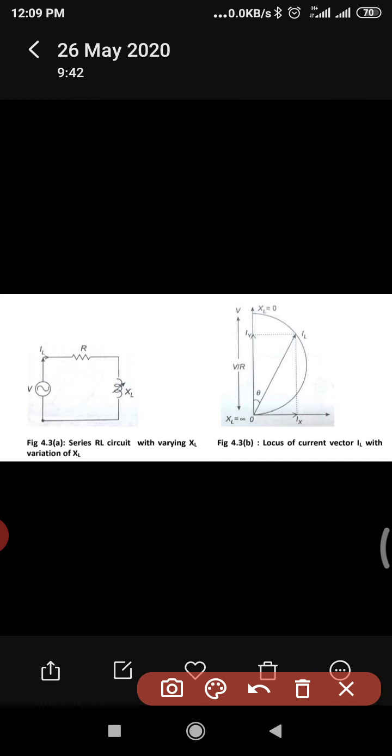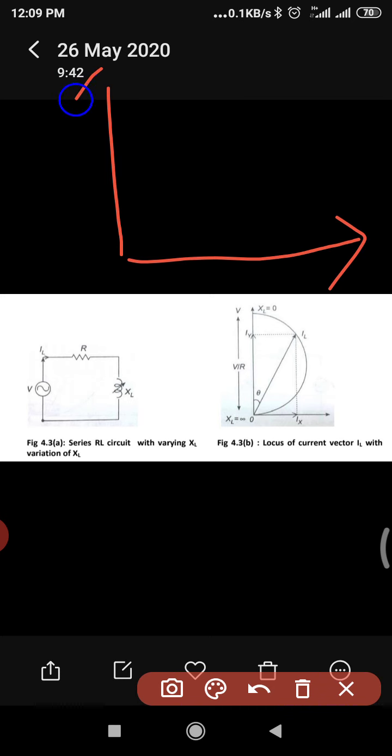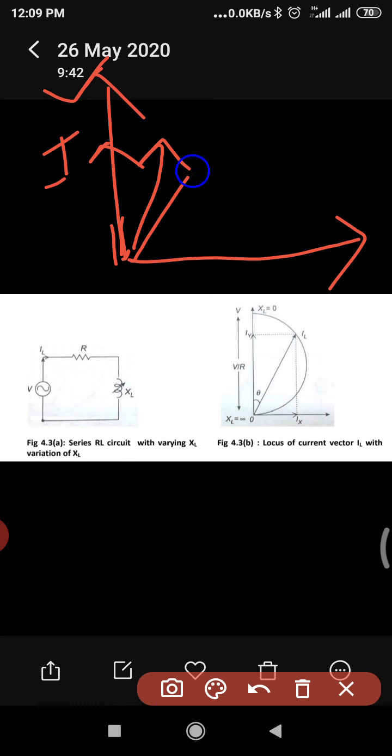Once again, see how the phasor locus diagram is drawn for the circuit. Here we are considering XL is variable. Okay? XL is variable, that means the current is in phase, and the magnitude also becomes 0. The current through the inductor is 0. After that we increase the XL value a little bit, then a phase difference exists with some magnitude. After that we increase it further.